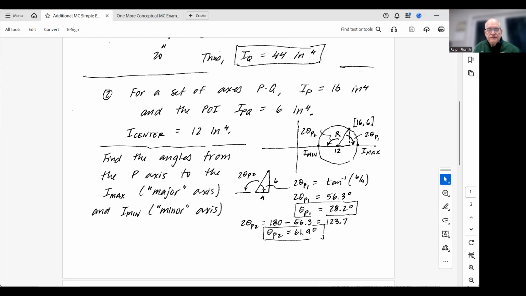Divide that in half, and theta P2 on the original area is 61.9 degrees, clockwise, or positive, from P to I min, or to the minor axis. Again, go over and over this till you can get it.